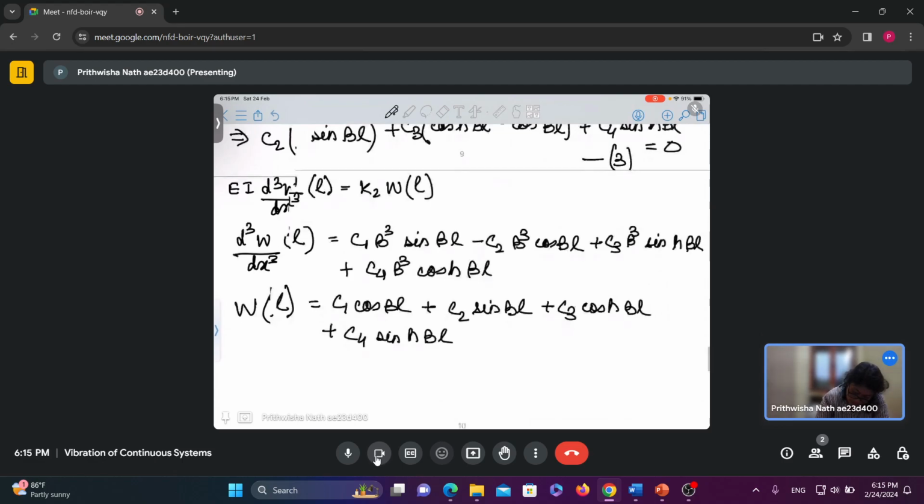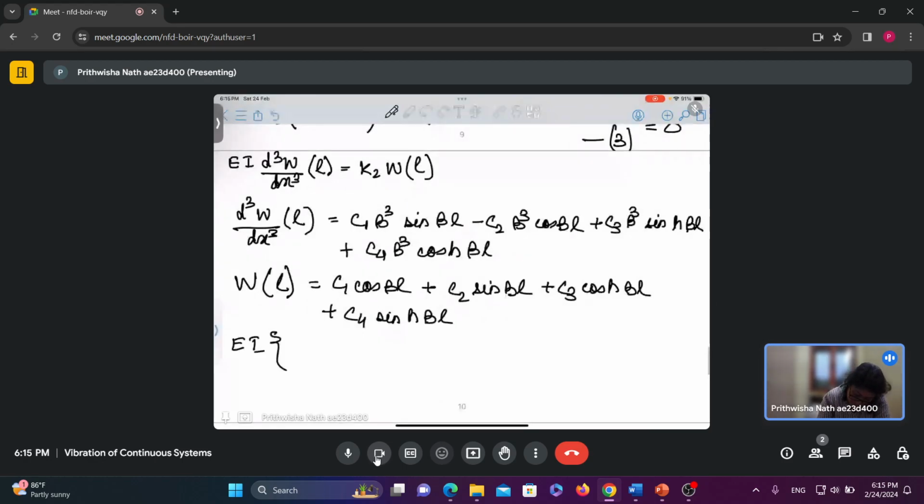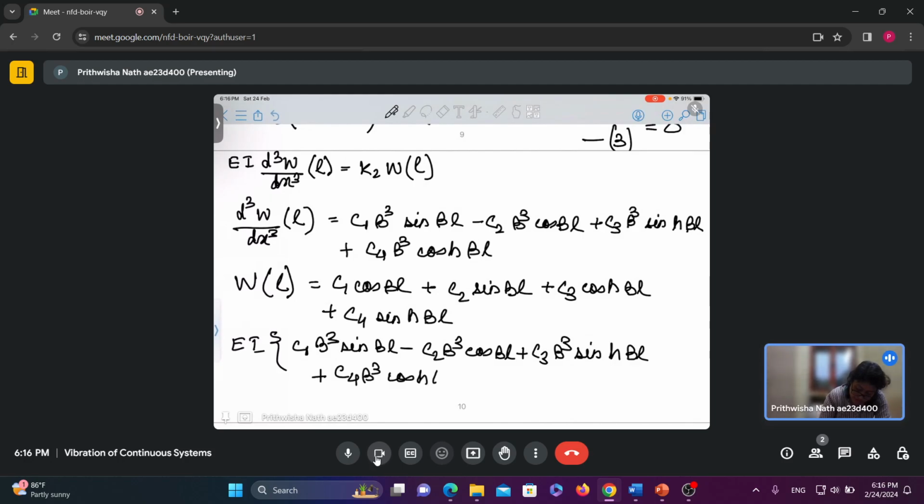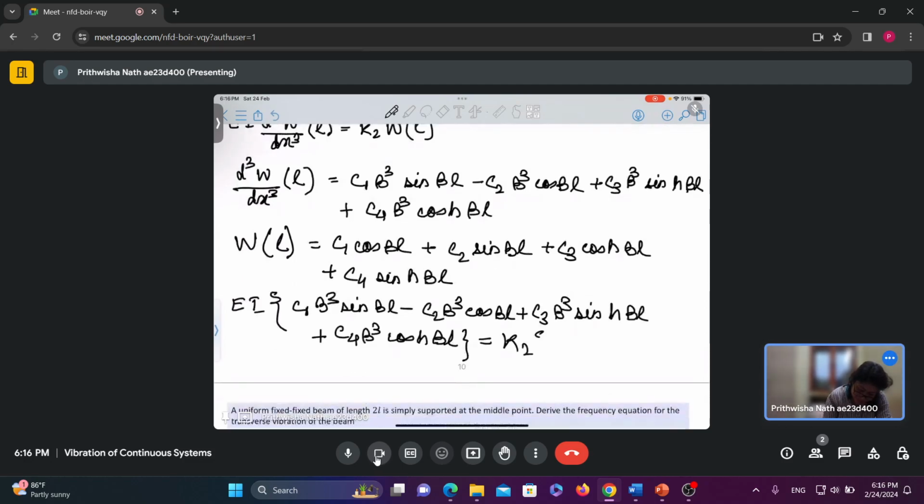EI into C1 beta cube sin beta L minus C2 beta cube cos beta L plus C3 beta cube sin hyperbolic beta L plus C4 beta cube cos hyperbolic beta L equals K2 into, I will write the expression for W at L, not omega.